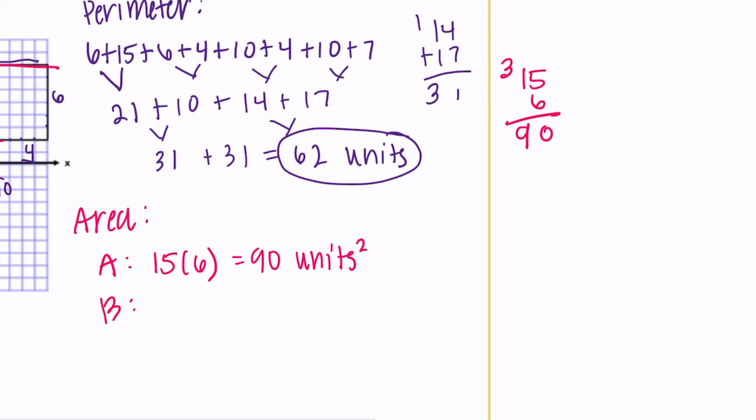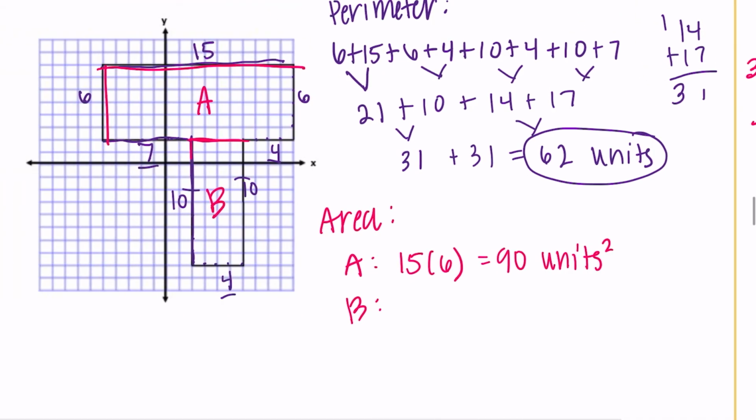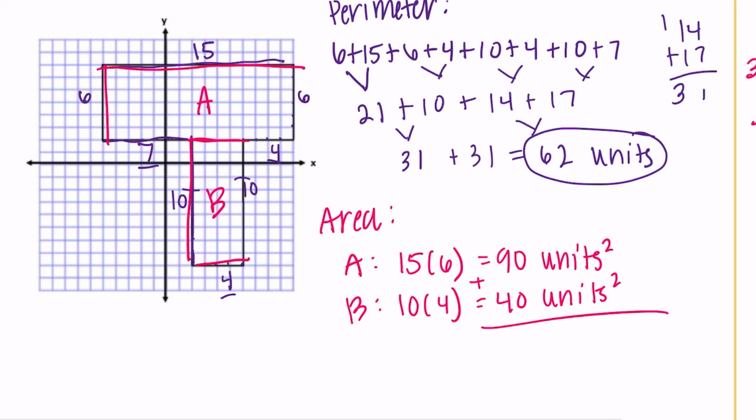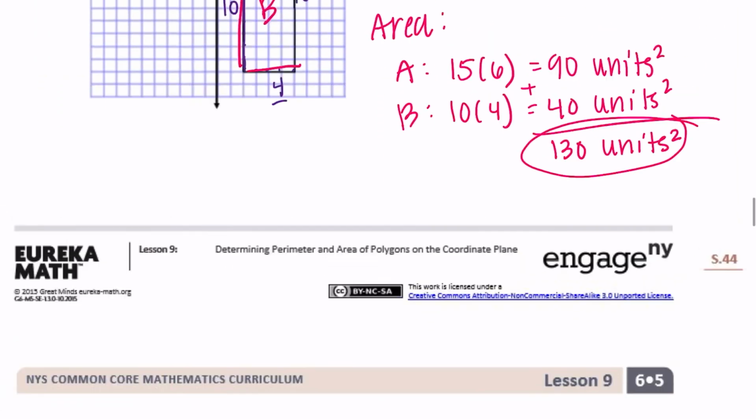The area of rectangle B would be 10 by 4, or 40 units squared. If we add those together, 90 plus 40 is 130 units squared. Is the final area there. And that is the end of the classwork.